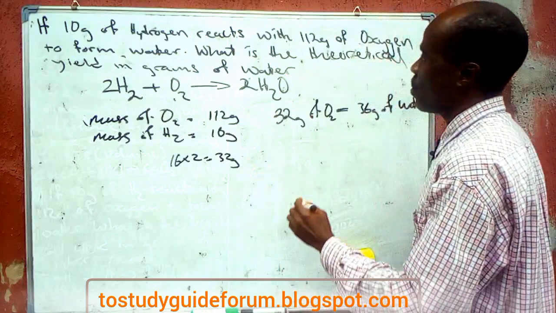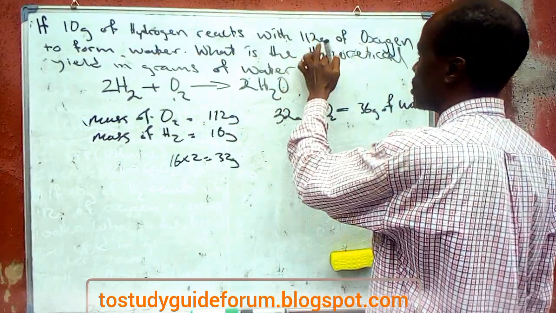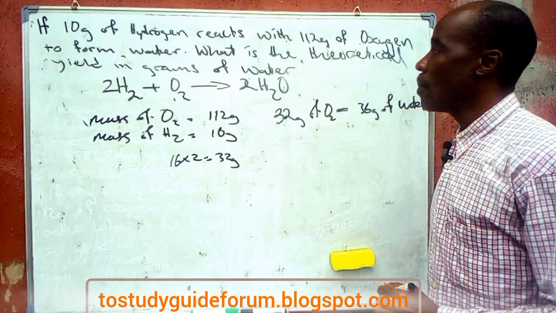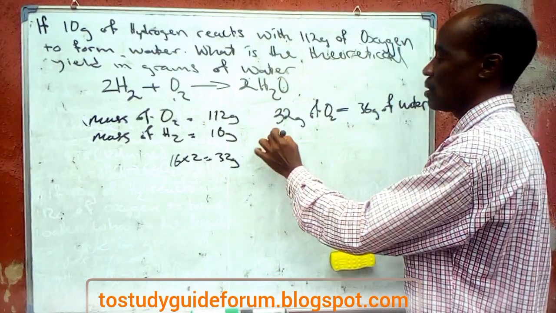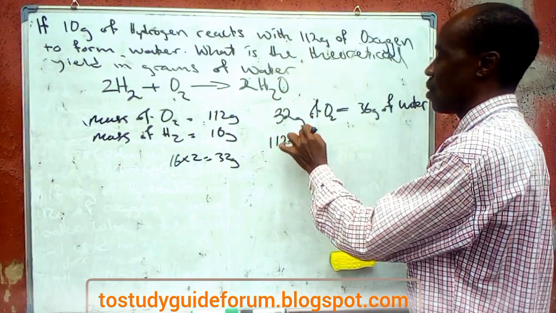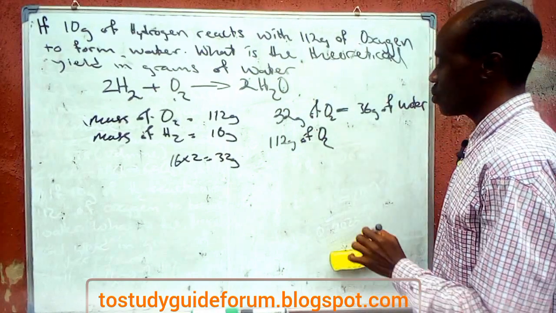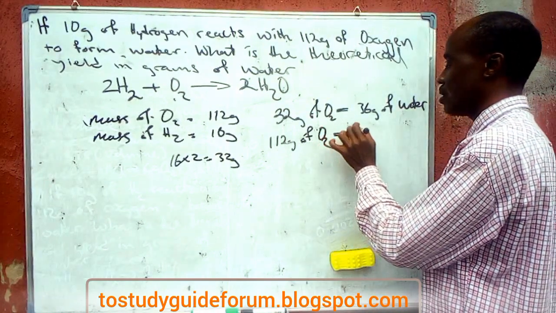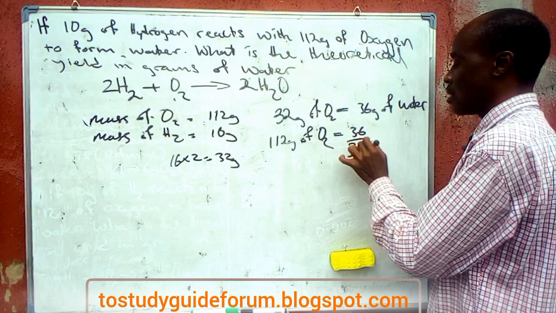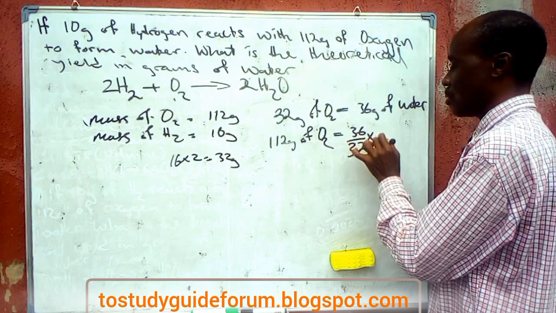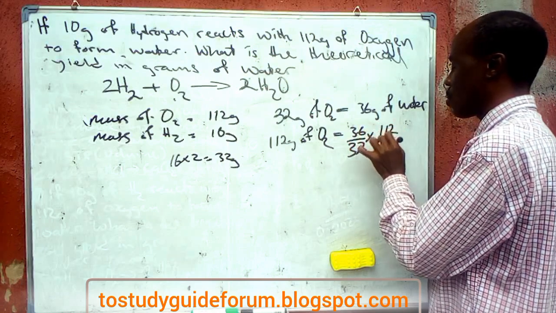But what we have in the given mass is 112 grams of oxygen. So what are we going to get if we use 112 grams of oxygen? That will be 36 over 32 multiplied by 112 grams.